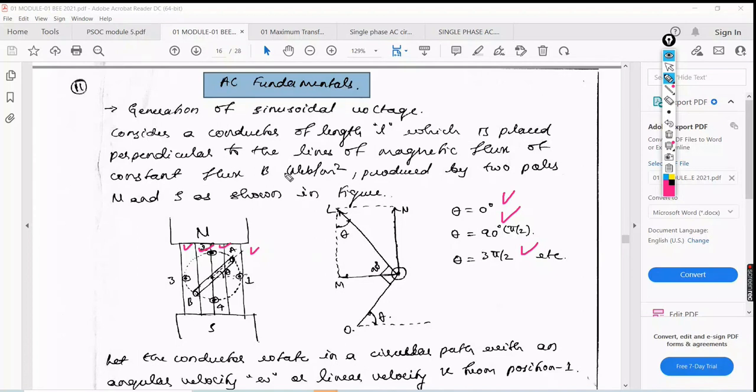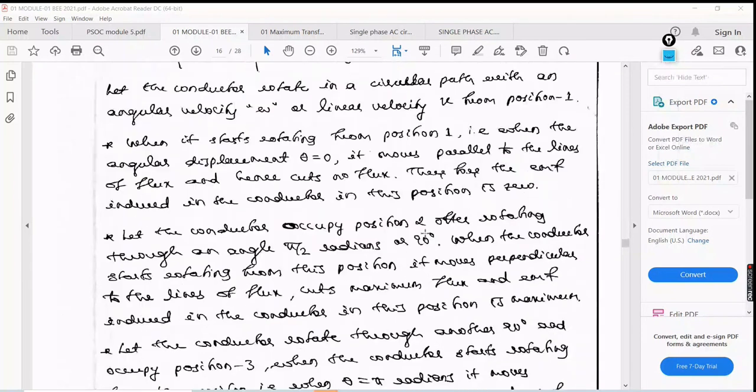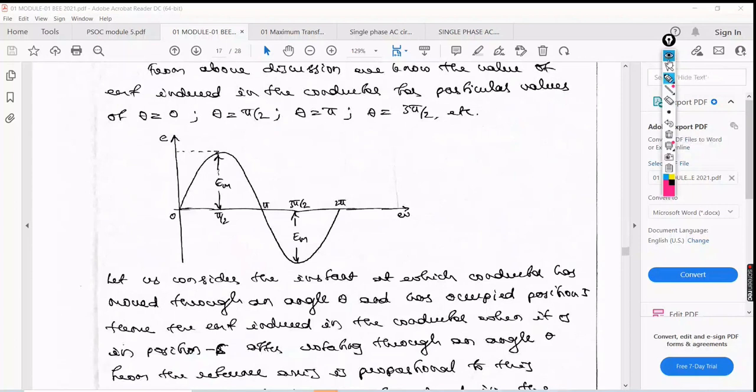This is with respect to the generation of the sinusoidal voltage. The sinusoidal voltage is nothing but the magnitude of the voltage changing with respect to time. Okay, if there is no flux linked with the conductor, the amount of voltage induced will be 0.